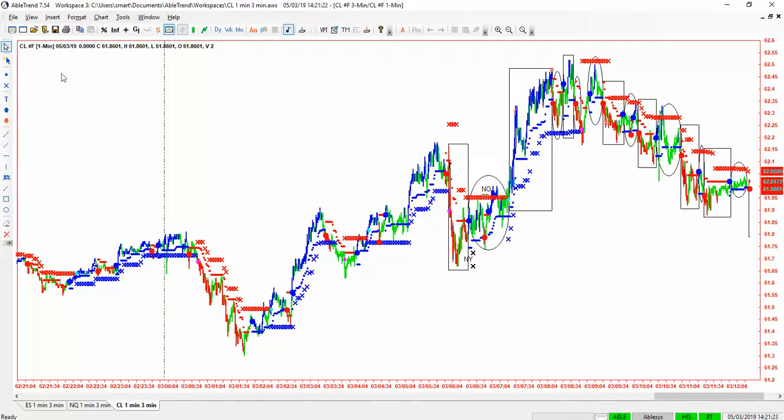Crude oil, contract symbol CL. Crude oil is probably the most talked about commodity on the news, on market news, Bloomberg, whatever. It's right at the top of the list. It's what everyone talks about.